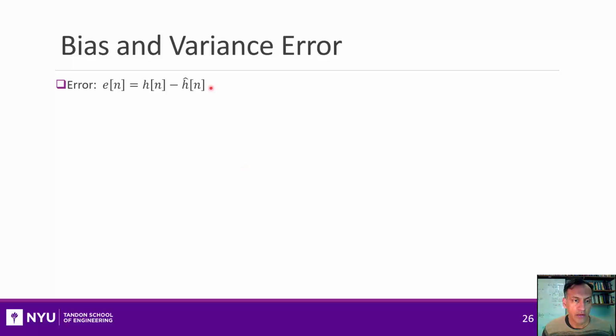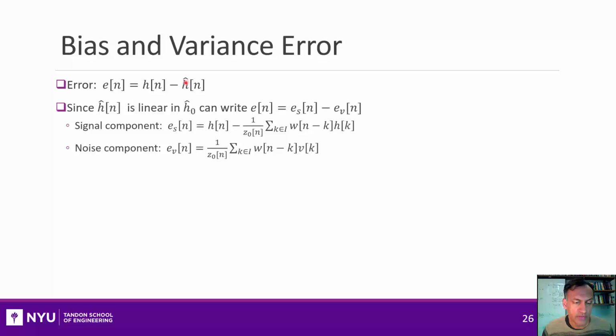To analyze the MSE, the key idea is to look at the error, which is the difference between the true h and the estimate, h hat. The key thing is that h hat is linear in the raw values h0. So we can break up that error into two terms.